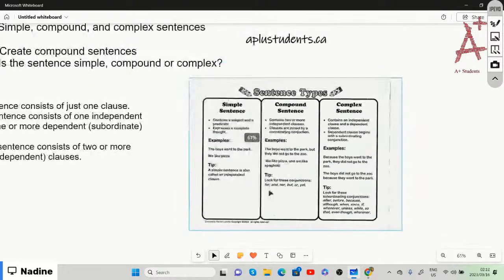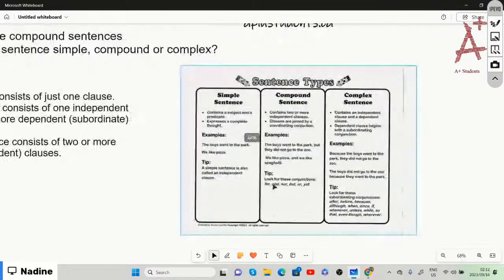And when it comes to the subordinating conjunctions, a few examples of the words that we need to look out for are: after, before, because, although, when, since, if, whenever, unless, while, so that, even though, wherever.